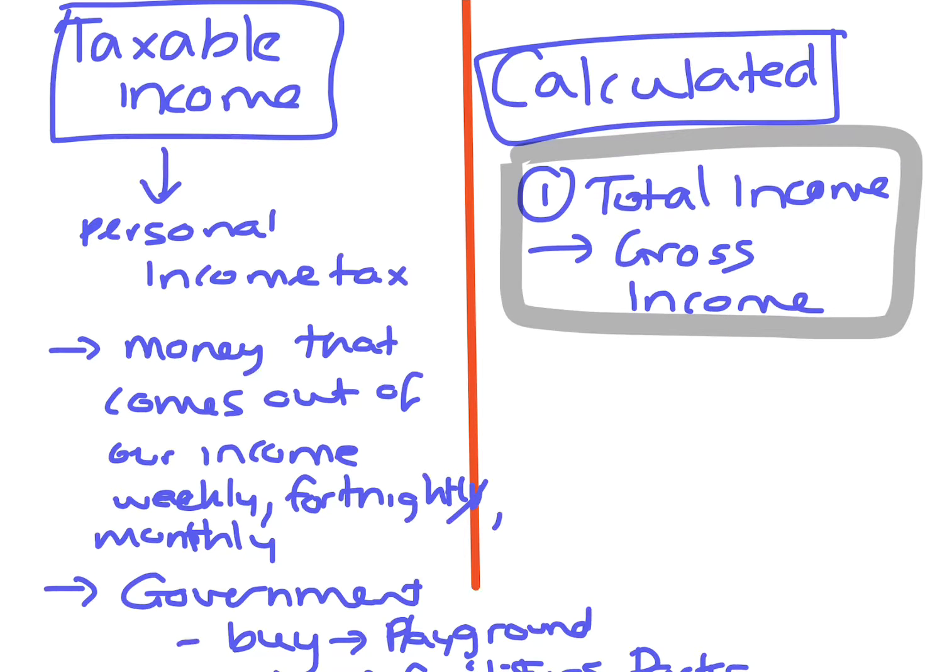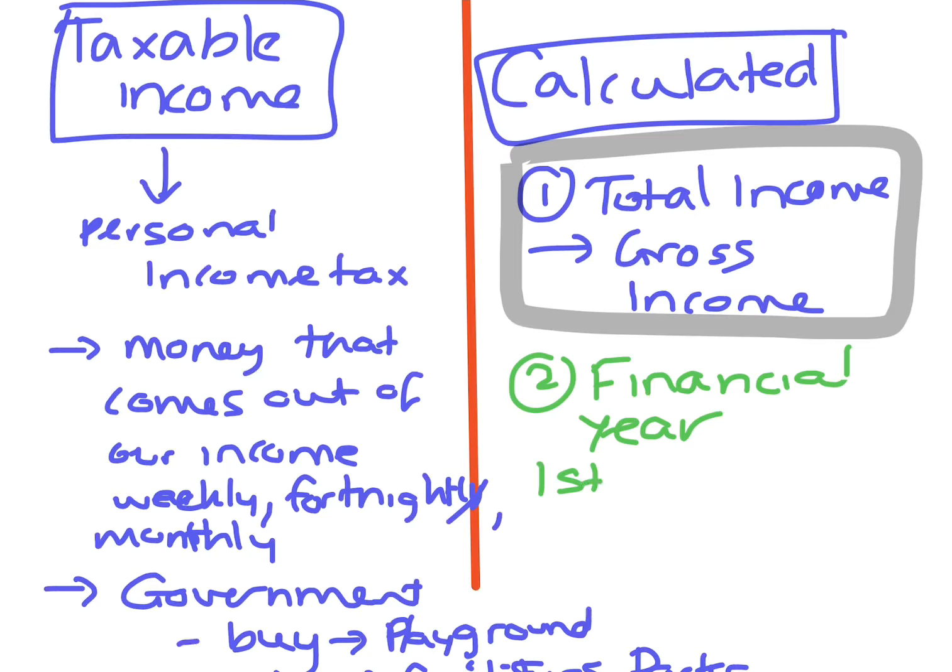A financial year is not like a normal calendar year. It's from the 1st of July to the 31st of June the next year.